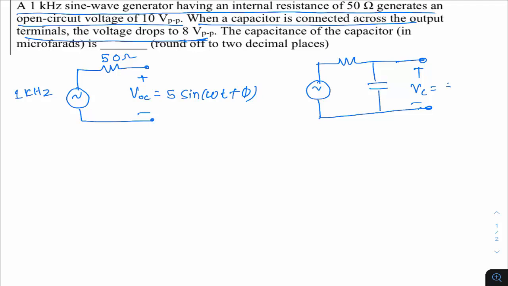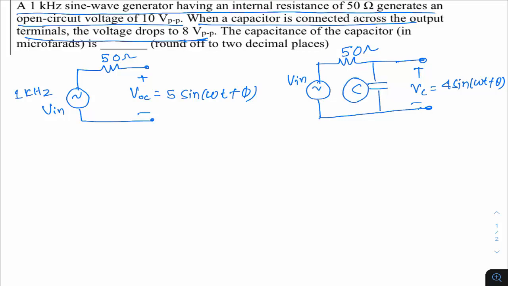It should be 4 sine omega t plus theta. That's what it means. So this is again your 50 ohm, and this is again the same source, if I'm calling this V in. So based on this, we need to find what is this capacitance C.